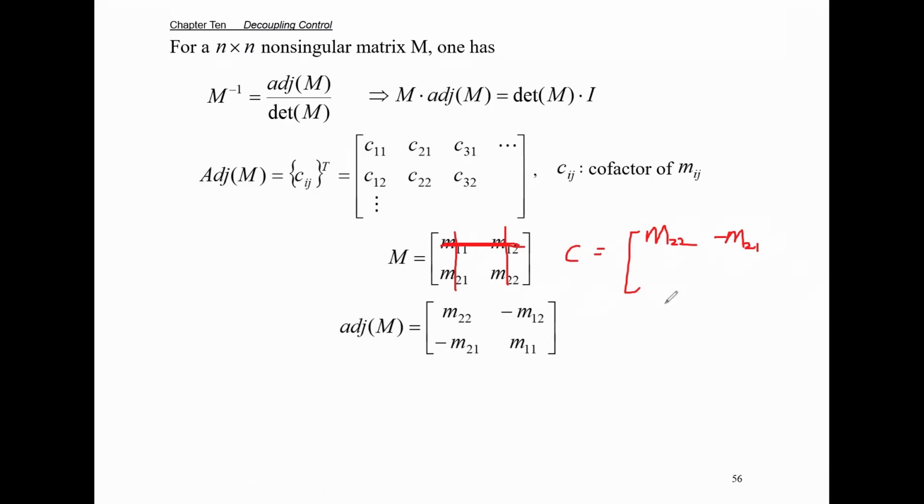I want to get this number, so you take out those two, and I am left with M11. Here I get minus M12. And then you take the transpose of this one, and you get the adjugate matrix. Okay, that's just simple stuff from linear algebra, how you get the inverse of a matrix.